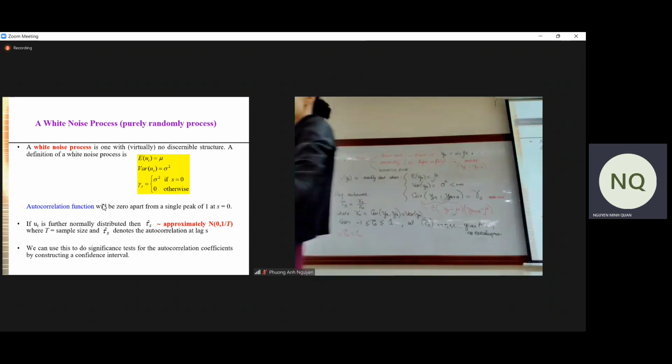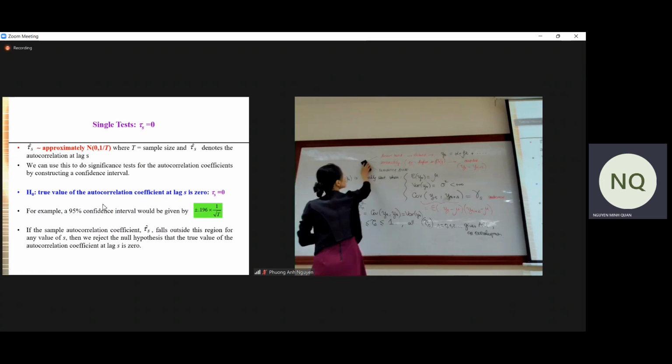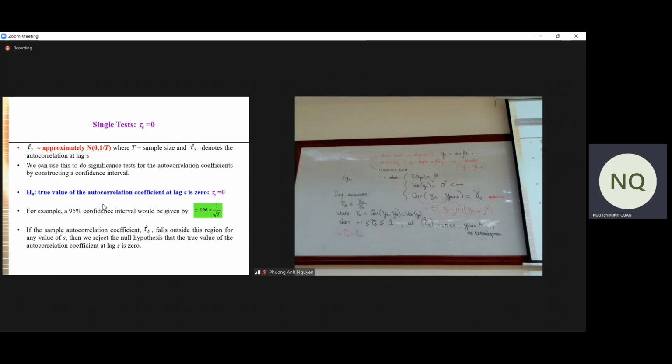So later on, you want to test the hypothesis that tau is equal to 0, to make sure that the error terms in your model have the white noise structure. So how to write it down then? In case you want to test tau s equal to 0 for a single test, you can refer to the confidence interval. Okay. Can I clean the board?